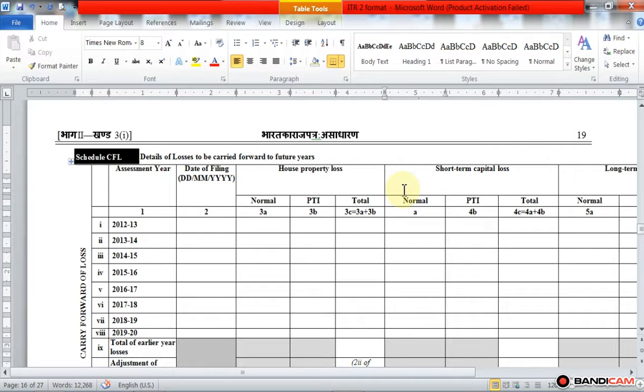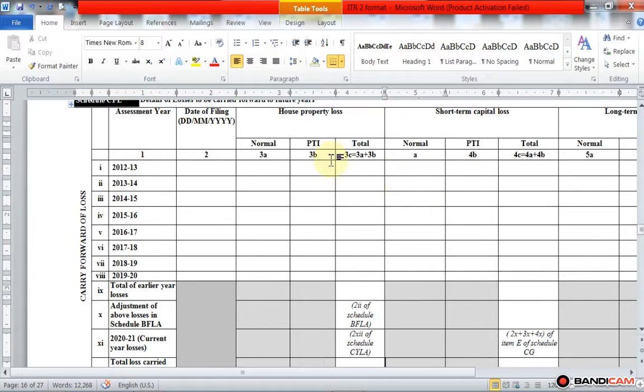So here the assessee has to furnish all detailed information relating to the carry forward of losses for future years. Losses are carried forward from 2013-14, 2014-15, as per the Income Tax Act.